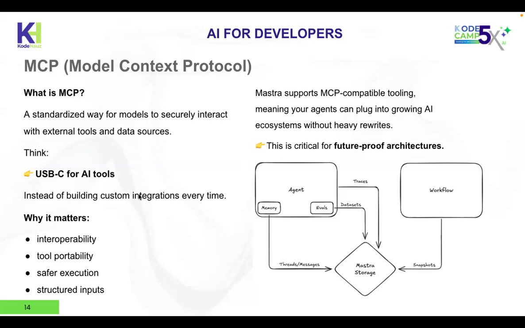So that's basically what MCP is. So instead of having to build custom integrations every time, MCP allows you to use a single interface, a single approach to access any information. So it brings interoperability, right? It allows tools to be portable, it improves safe execution, and it gives structured inputs.